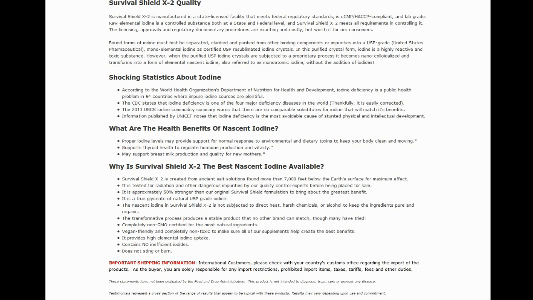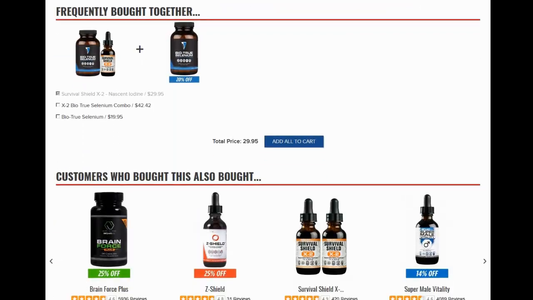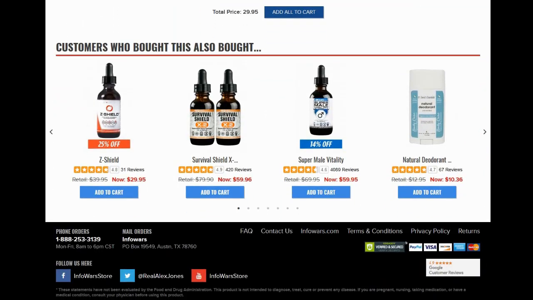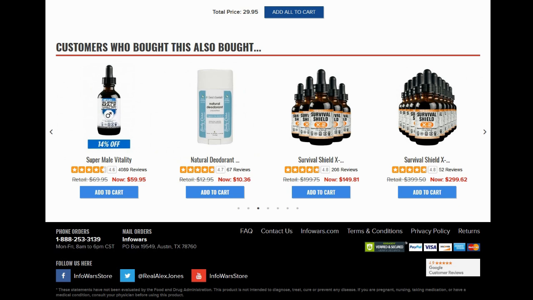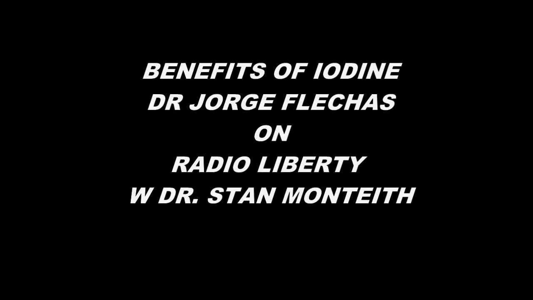What's interesting is we have been spending so many billions of dollars on breast cancer research, and yet we're looking at everything that we're doing to ourselves. And we haven't been paying attention to what we're not doing, which is we're not taking in this iodine, which helps to protect us from breast cancer.